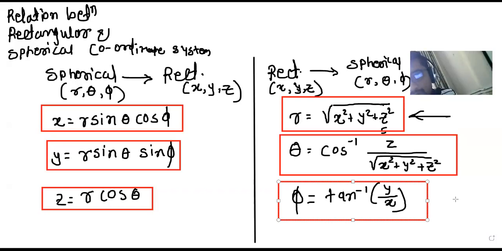Tomorrow we will solve some examples, and then we will start with the second unit. Now, if you have any doubt, you can ask.